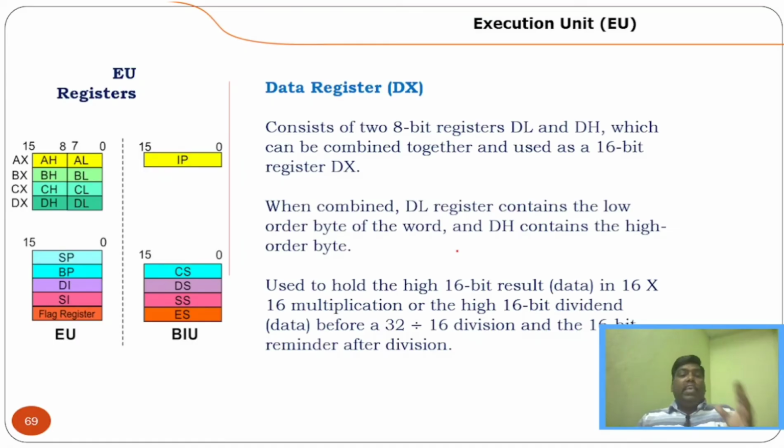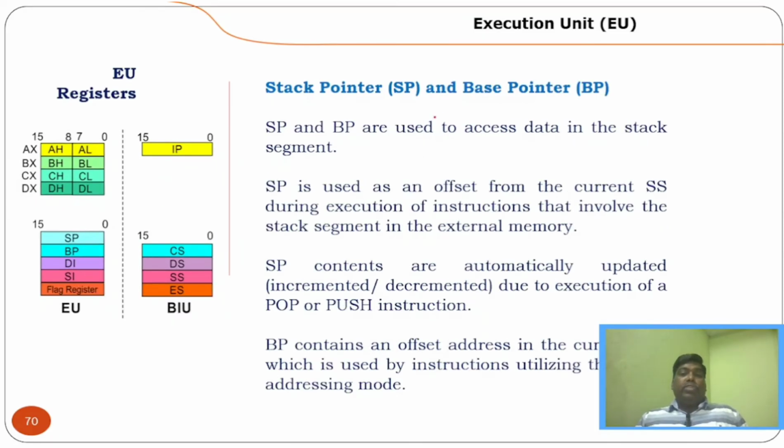We can call it the default destination, and as usual DL is 8-bit and DH is 8-bit, right? And whenever you perform a 16-bit multiplication or division, the extra bits are by default saved in this particular register, right?